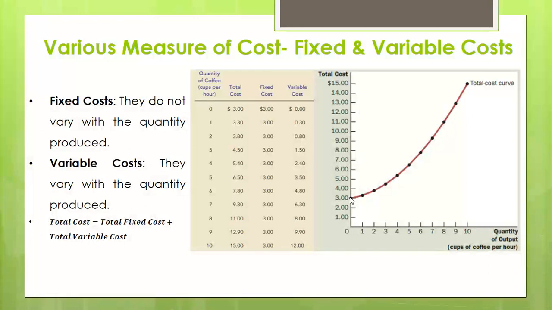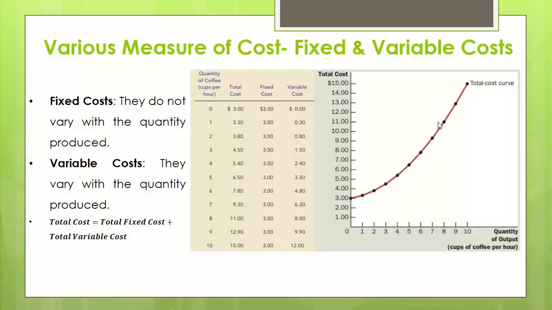Then for 1 unit of output produced, the total cost becomes $3.30. And similarly, by plotting all these points on the graph, we get the total cost curve as we have discussed earlier.